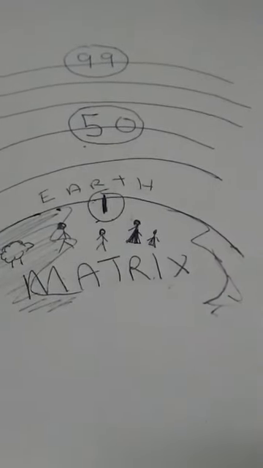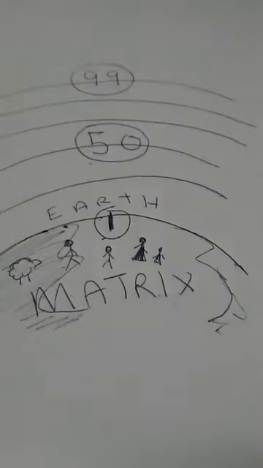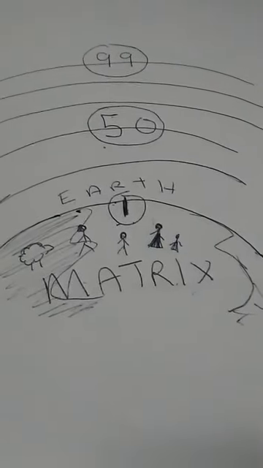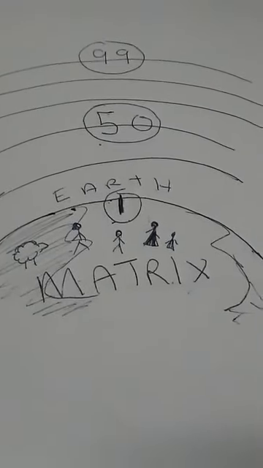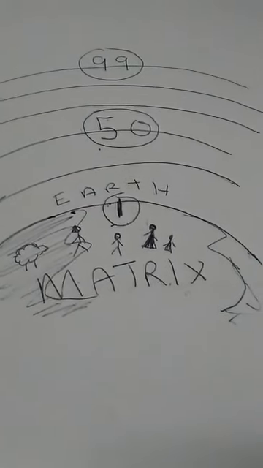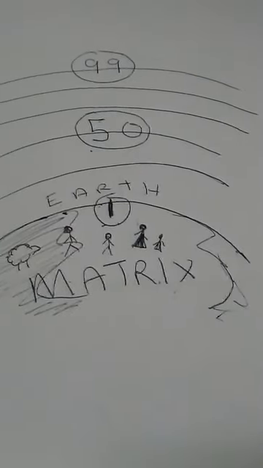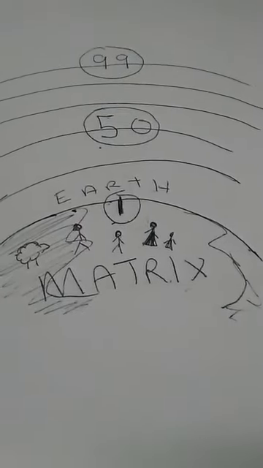So what we have to do while we exist here on the earth, we have to evolve. We have to elevate. We have to progress so that when we are judged, we will not come back into this lowest dimension.